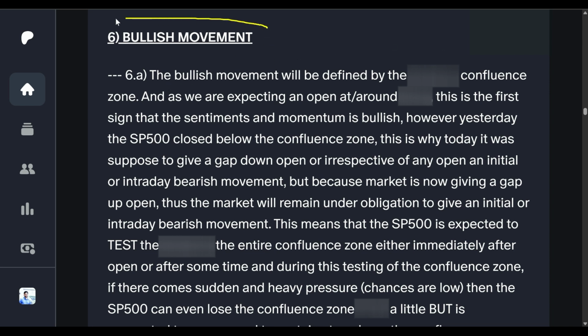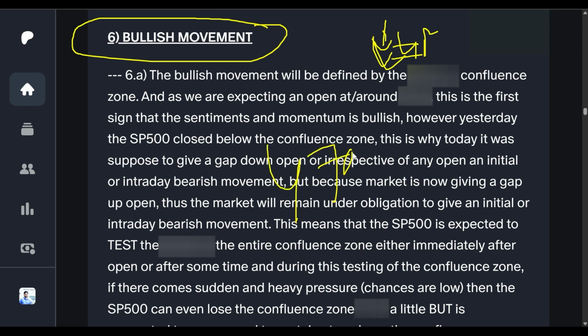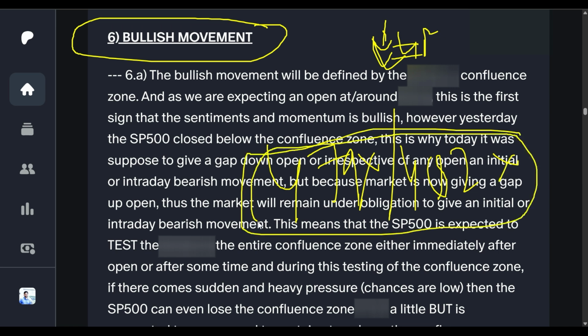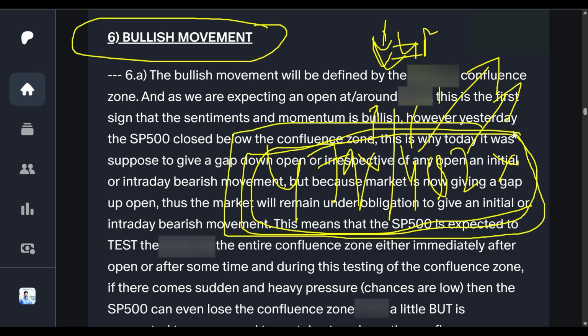If you are my Patreon community member, then when the S&P 500 was coming down to 4835 or so, I mentioned that there is very strong support at 479x to 482x. This strong support will handle any kind of fall, and there will be a good bullish retrace from this zone.